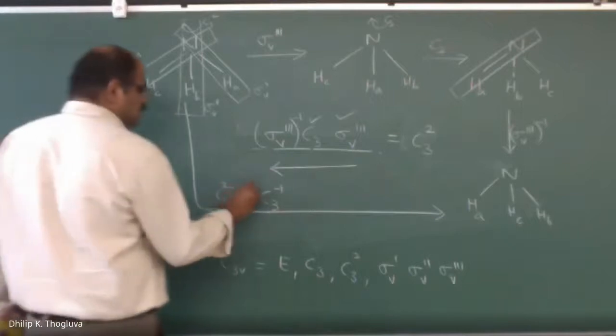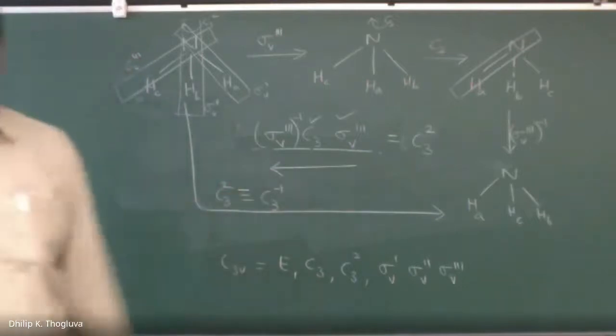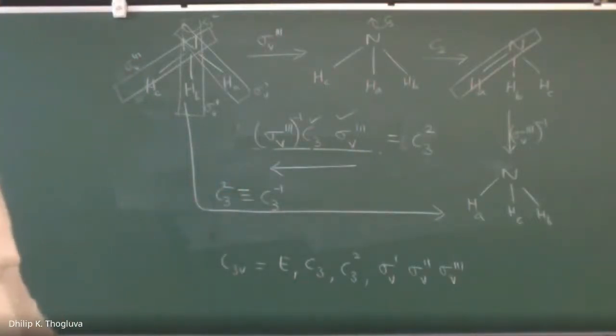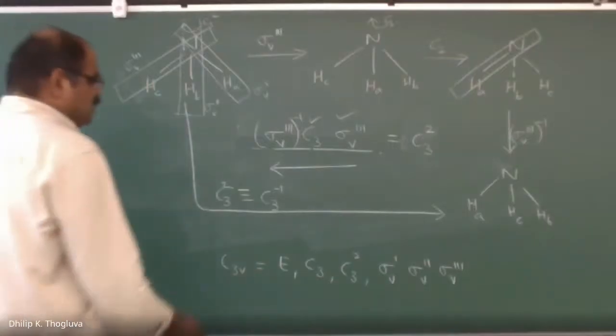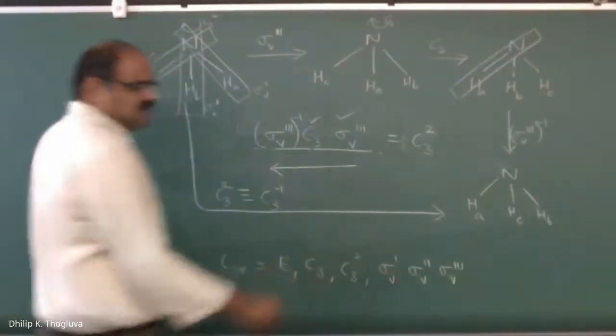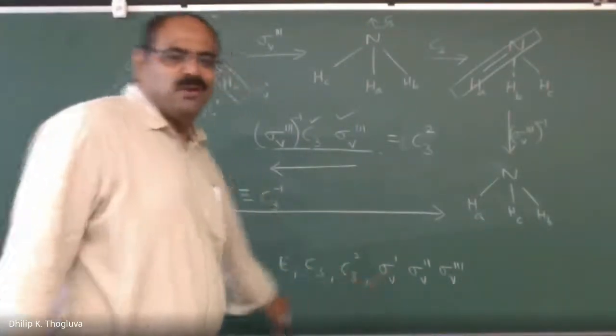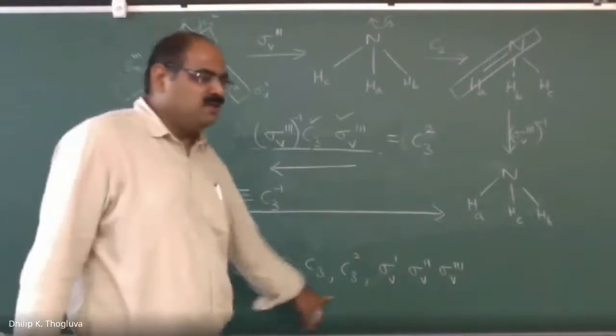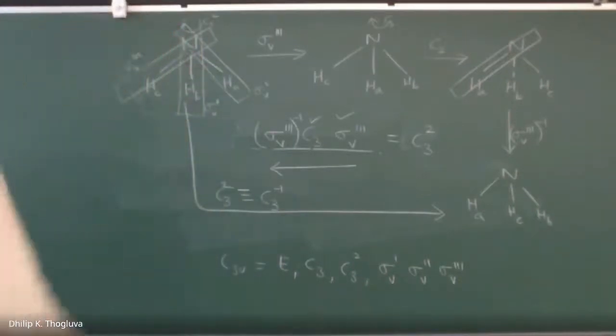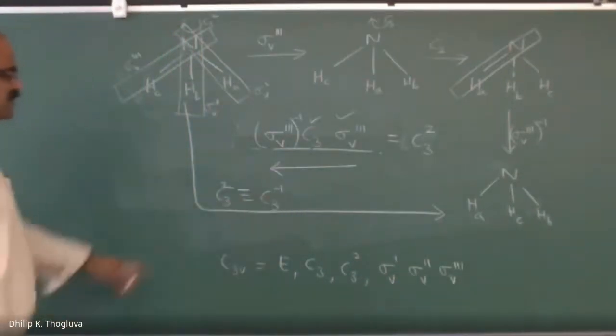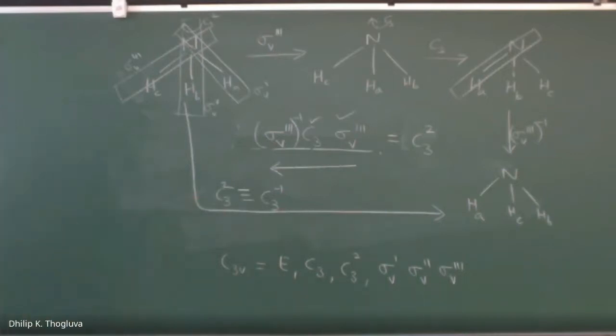I agree, both are the same. C3 2 and C3 minus 1 are equivalent. Okay, sir, thank you. But inverse elements generally don't come in the group. We don't write inverse elements in the group. So that's why we're not taking C3 minus 1, and it is just considered C3 2.